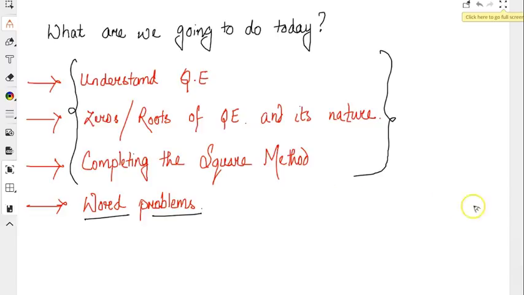Okay, so we will discuss topics like, for example, zeros and roots of quadratic equation and its nature and why it is that. Okay, and then we will also discuss how the completing the square method is better than factorization. Okay, and then we will go for the word problems. Okay, so hope you will enjoy this session, so stick with me guys.